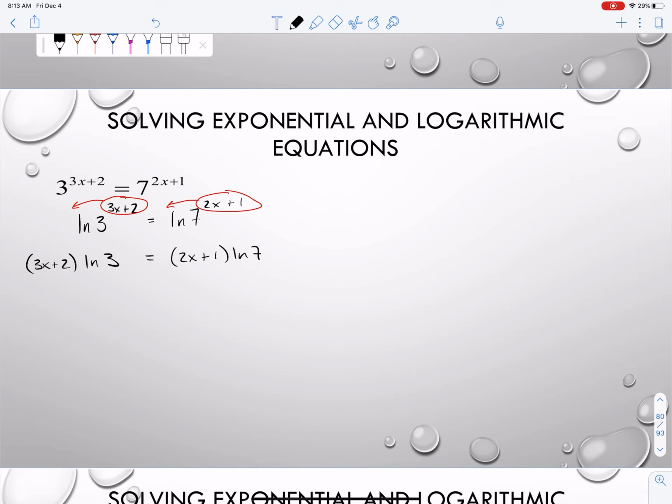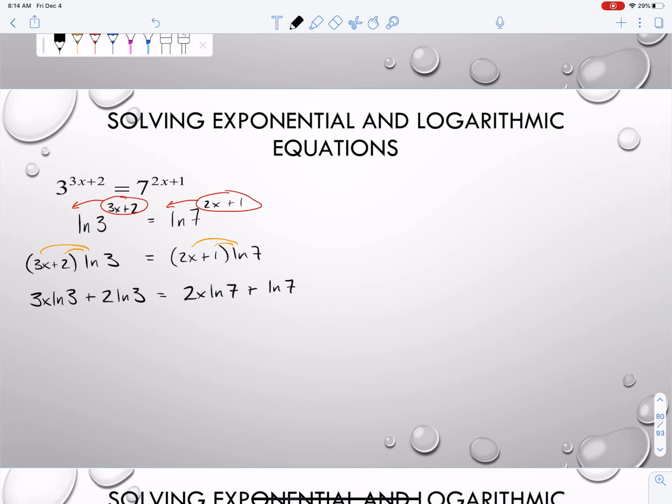So once I've done that, now what I can do is distribute the natural log on each side into that set of parentheses. So what I'm going to get here is 3x natural log of 3 plus 2 natural log of 3 equals 2x natural log of 7 plus 1 natural log of 7.